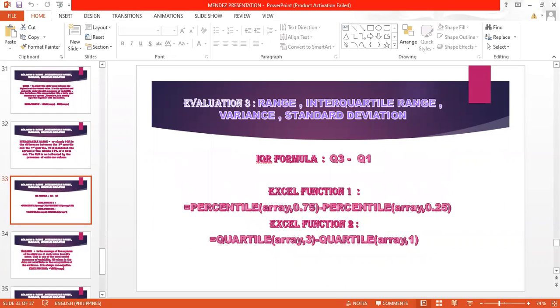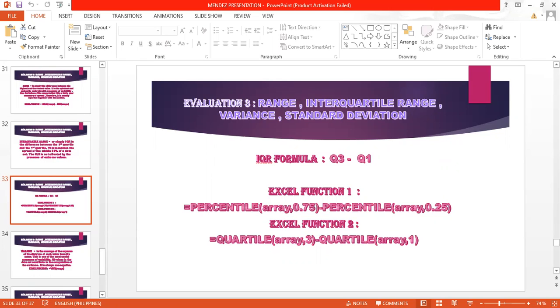The IQR formula is Q3 minus Q1. We can use Excel function 1, which is equals percentile, open parenthesis, array, comma, 0.75, close parenthesis, minus percentile, open parenthesis, array, comma, 0.25, close parenthesis, or Excel function 2, which is equals quartile, open parenthesis, array, comma 3, close parenthesis minus quartile open parenthesis array comma 1 close parenthesis.